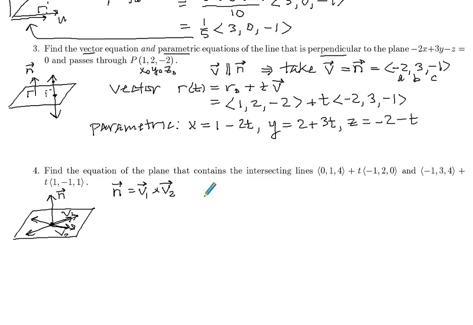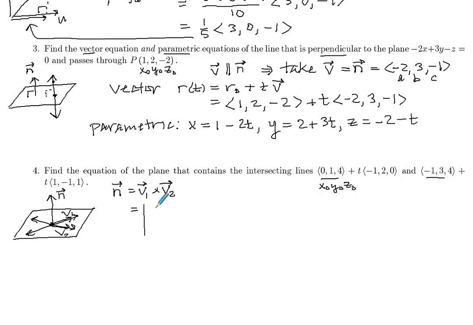and then your plane contains both of these lines. So a couple of points right off that it contains are (0, 1, 4), and then also (-1, 3, 4). So either one of those points is fine to use. Let's go ahead and use this first one. So let's let that be our x0, y0, z0. And let's go ahead and compute this cross product.